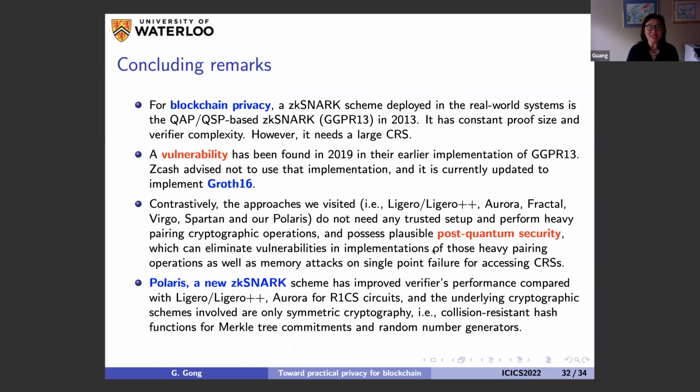So possibly those approaches could eliminate those vulnerabilities in the implementations. Okay, and in Polaris we improve the verifier's performance compared with Ligero and Aurora for R1CS circuits. And we only rely on symmetric cryptography, either a collision-resistant hash function or a random number generator.